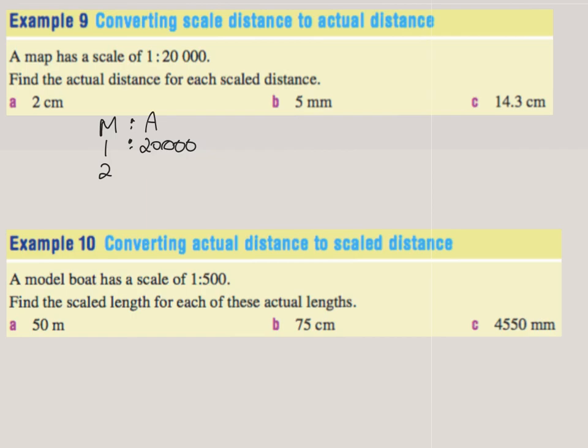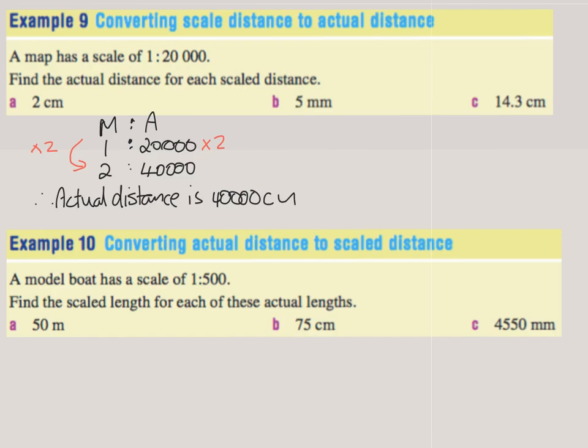So I'm going to say, how do I get from 1 to 2? I've multiplied by 2, so I multiply by 2, and 20,000 times 2 gives us 40,000. I'm going to have then a worded answer. I'm going to say, therefore, the actual distance is 40,000, and I'm going to use the unit centimeters.